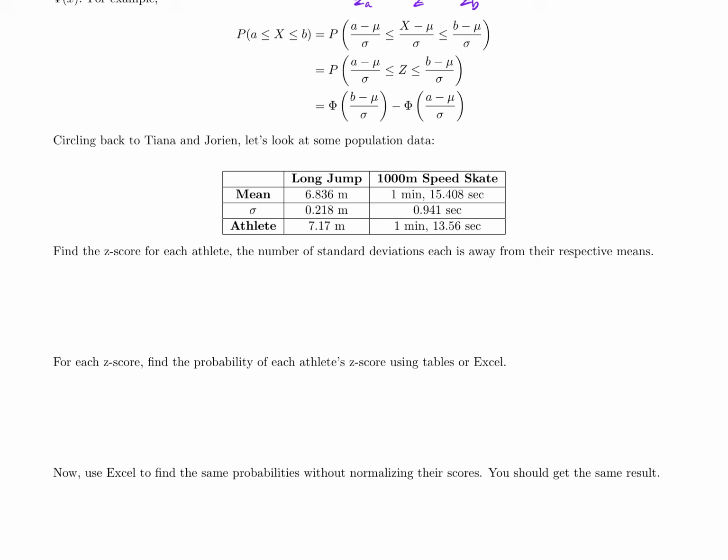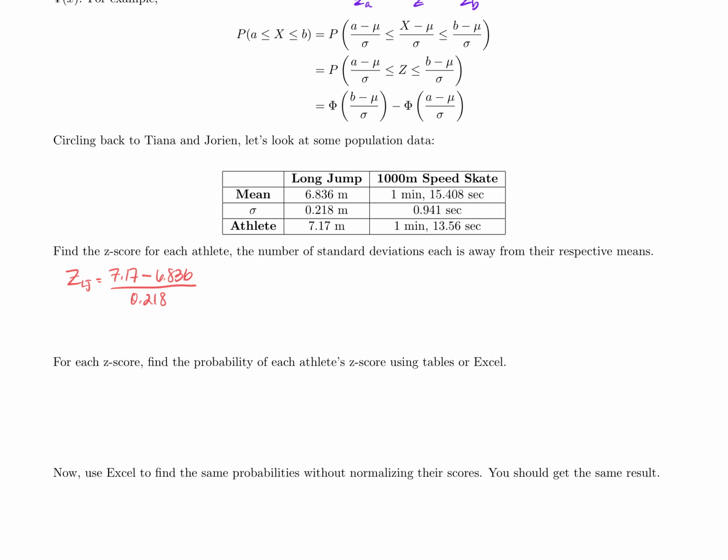So let's do the long jump. Our z-score for the long jump would be the x that was scored, which is 7.17, minus the mean, which is 6.836, divided by the standard deviation, which is 0.218.